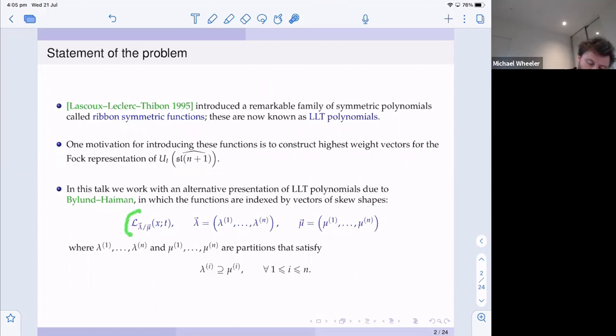So this is going to denote an LLT polynomial indexed by two vectors of partitions, lambda and mu, and these are always going to be n-dimensional vectors. And you need that these vectors satisfy some containment constraints. So we always want that lambda_i contains mu_i for all i from 1 up to n. And so I'll just assume this without any further comment in the rest of the talk.